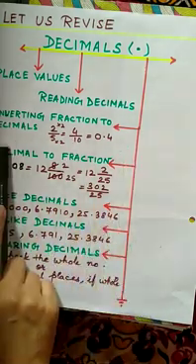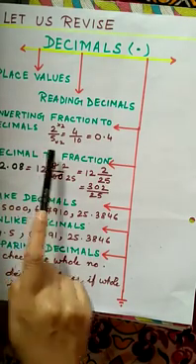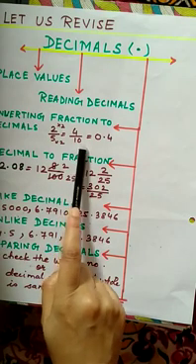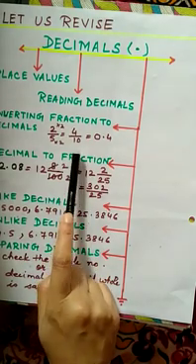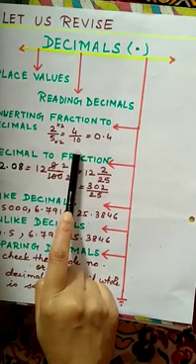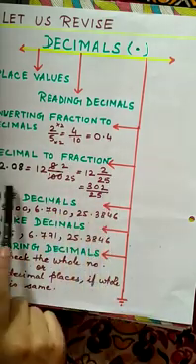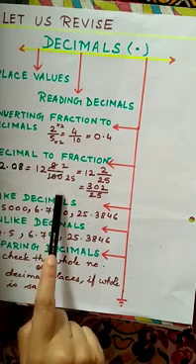Converting fractions to decimals, we have a fraction here. We first convert the denominator to 10 or a power of 10 and then put the decimal before one digit, since we have one 0 in the denominator. Then we have decimal to fraction. We first write the whole number and then change the fraction.